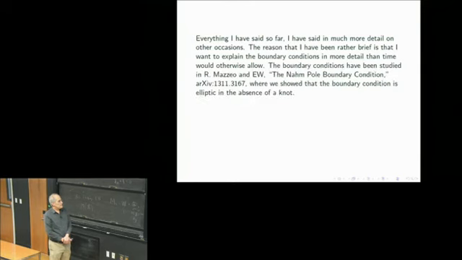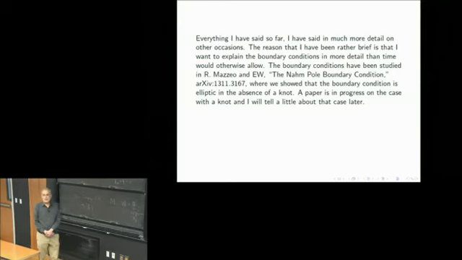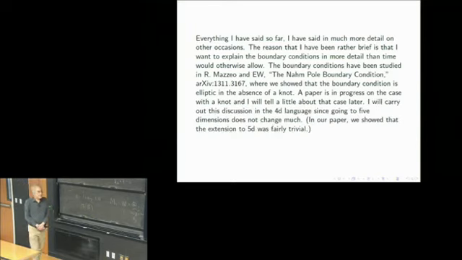The boundary conditions have been studied in a paper I wrote with Rafe Mazio, where we showed that the boundary condition is elliptic in the absence of a knot. And we're working on a paper in progress on the case with a knot, and I'll tell a little bit about that case later. I will carry out the discussion in 4 dimensions since going to 5 does not change much.